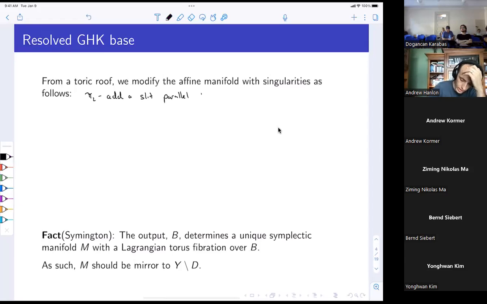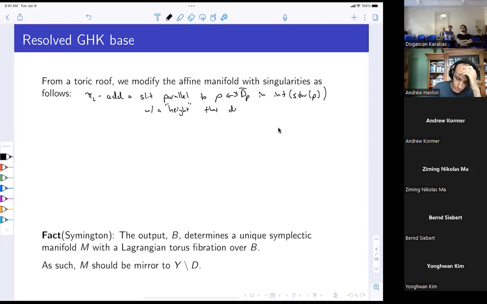Parallel to some ray rho, which corresponds to the divisor. Since you started with a toric thing, you're blowing up in some component of D bar, and that corresponds to a ray of the fan in the interior of the star of rho, with a height that depends on where the blow up is.